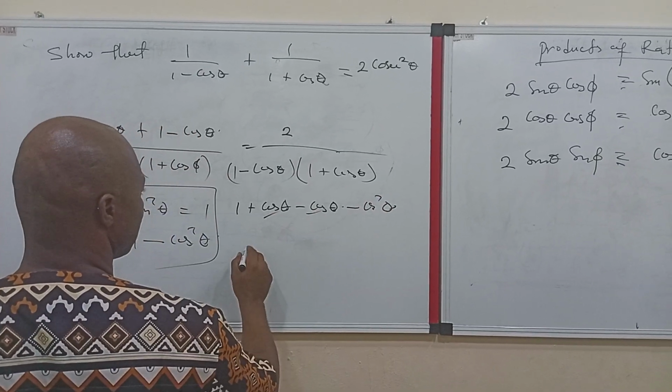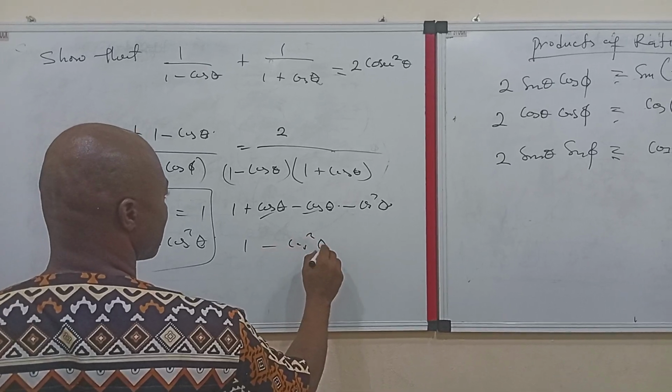And this is off, and you'll be left with 1 minus cos squared theta.